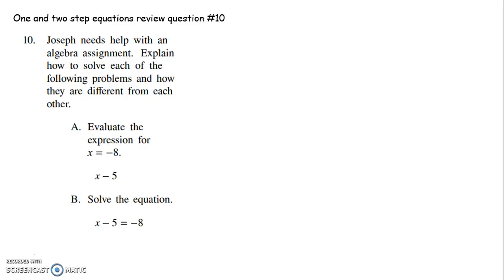Okay, so for letter A, we're going to evaluate the expression for x equals negative 8. So we're given an expression, which is x minus 5, and we're going to evaluate for x equals negative 8.